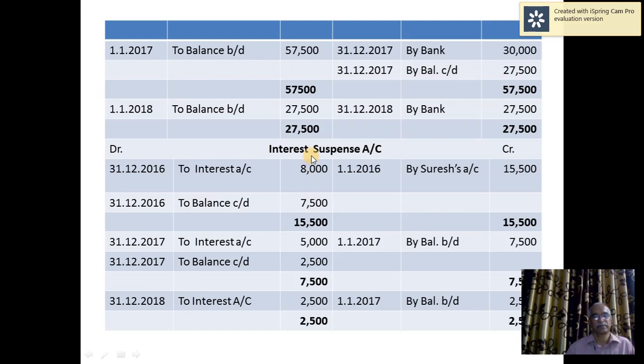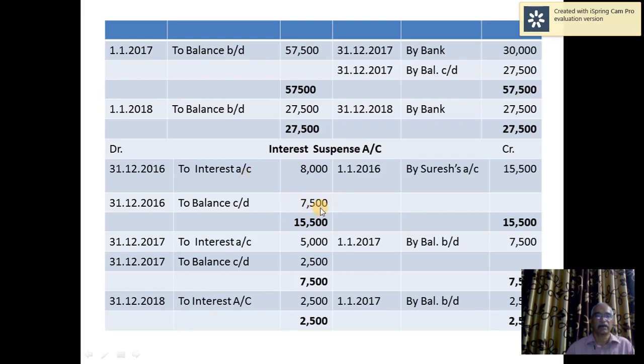Come to interest suspense account. Interest suspense account is debited with total interest of all the 3 years, credited with all the 3 years interest, that is 15,500. Of that, at the end of the first year interest is transferred to interest account from interest suspense account.